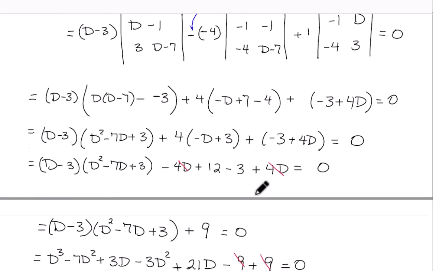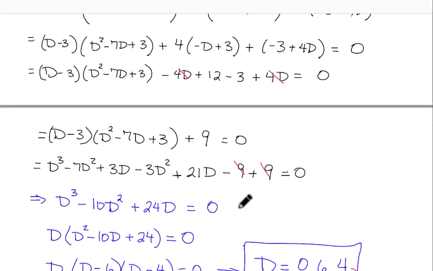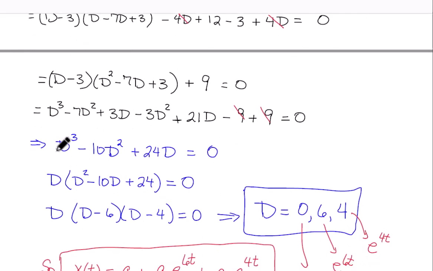All right, so still looking good. The problem is here, we need to multiply this thing out so I can get the 9 into the game. If I did that, it turns out I do get a minus 9 out of it, which cancels that. And so I get a third order equation.